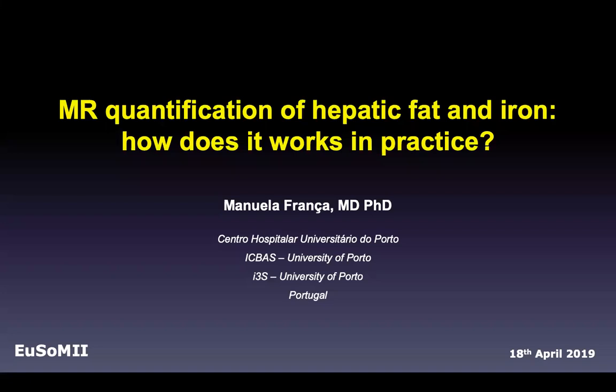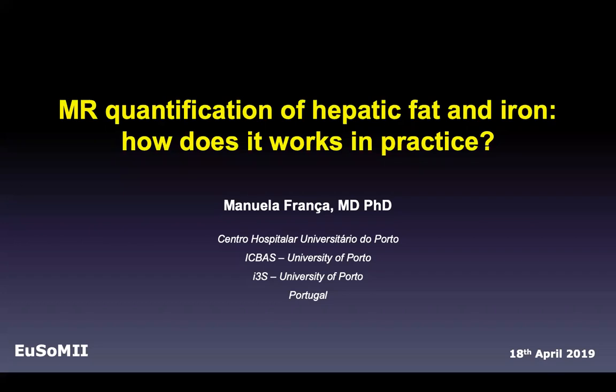But you believe that it can be done later with advances of techniques? Yes, I think that particularly with MR elastography, we can measure fibrosis, and even with ultrasound, with shear wave elastography, we are getting more and more experience and confidence about measuring fibrosis with these imaging tools.